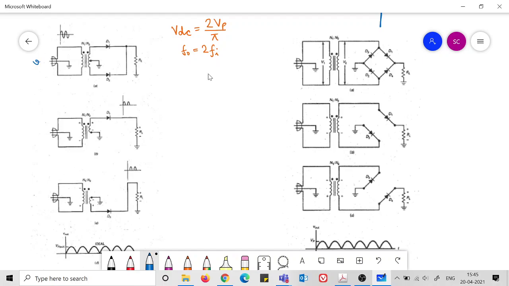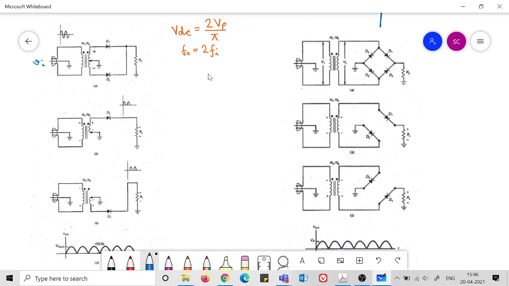Here is plus, this is minus. That means this point is more negative than this point, and this point is more positive than this point. So what would happen? You can see that this point and this point are the same.